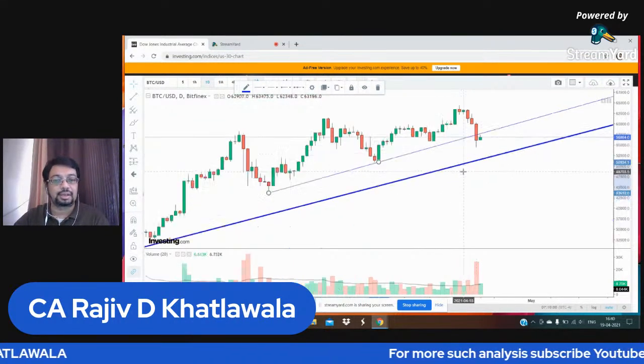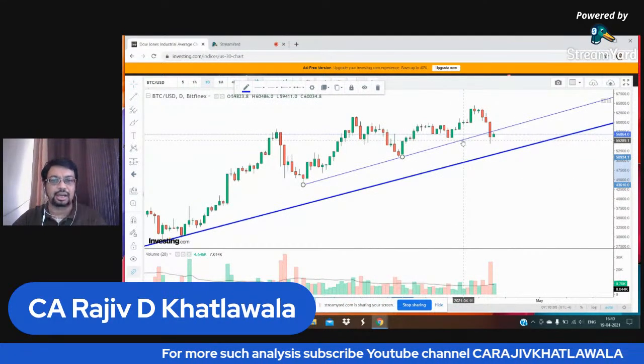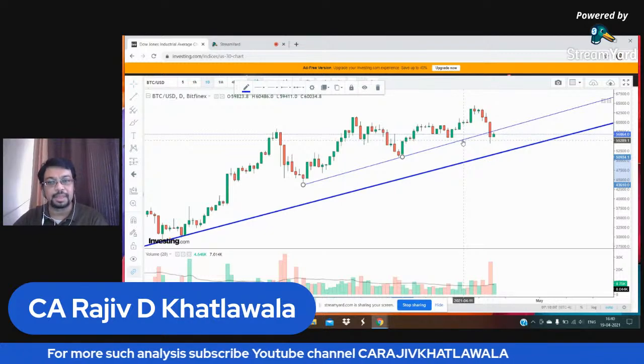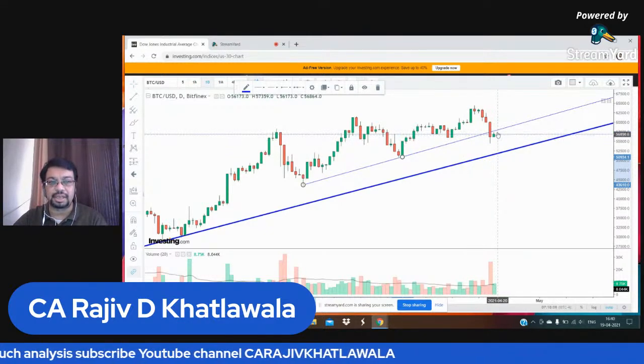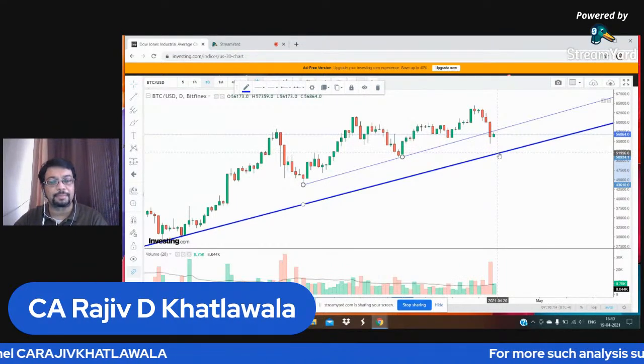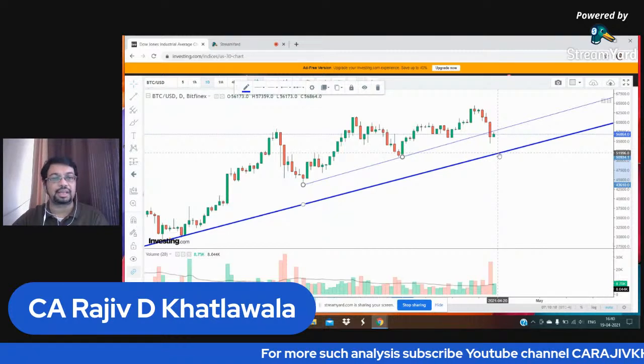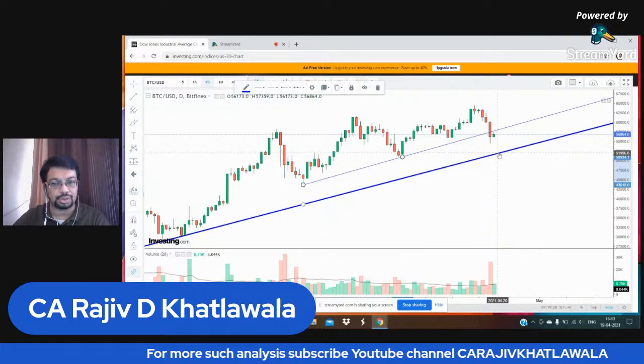Since this thin, minor trend line is broken, it opens up a possibility of testing the major trend line, which is right now placed at around 52,000.